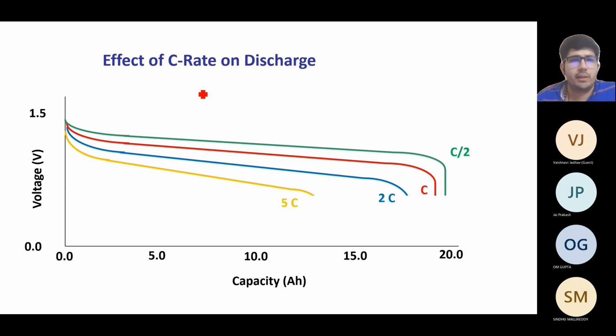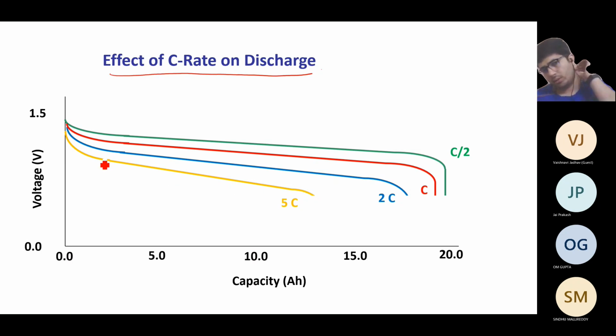Now in this curve we can see the effect of C rate. The higher the C rate, the faster the discharging. So 5C means fast discharging or fast charging.